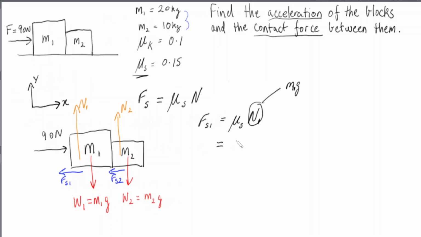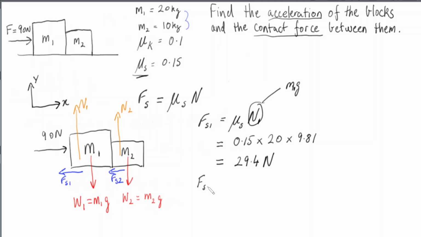We know mu s is 0.15. We know m1 is equal to 20 kilograms. And we know g is 9.81. So I can go ahead and put those values in my calculator, and that gives me a static friction of 29.4 newtons.